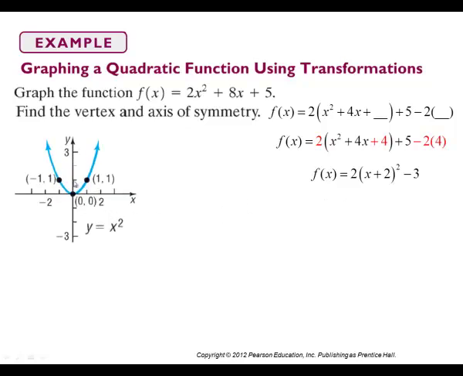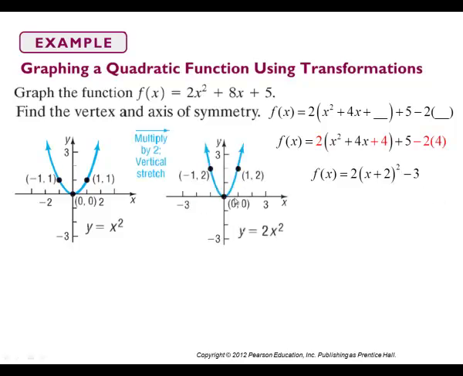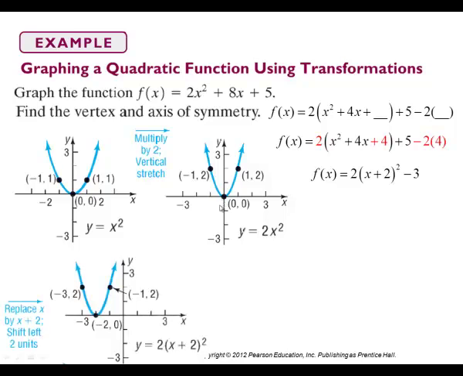So here's our parent graph for our parabola. And now it's going to shift to the left 2 and down 3. So here we also have a multiplying effect of 2, and so that would be across 1 and up 2. So we're going to go ahead and apply our transformation.